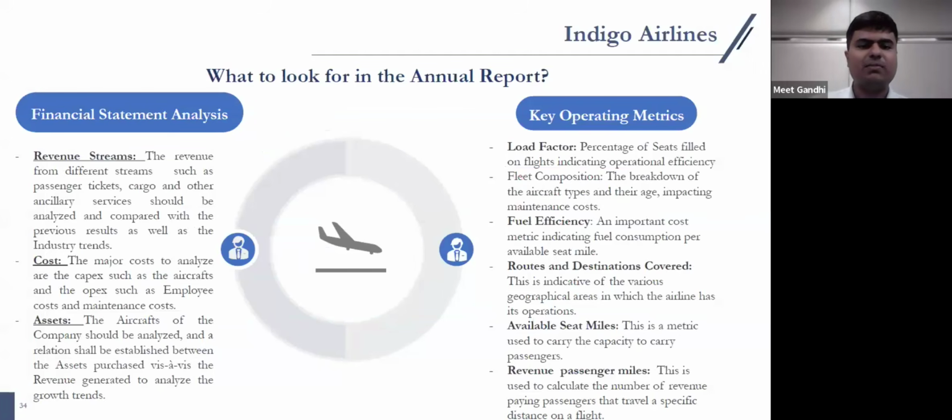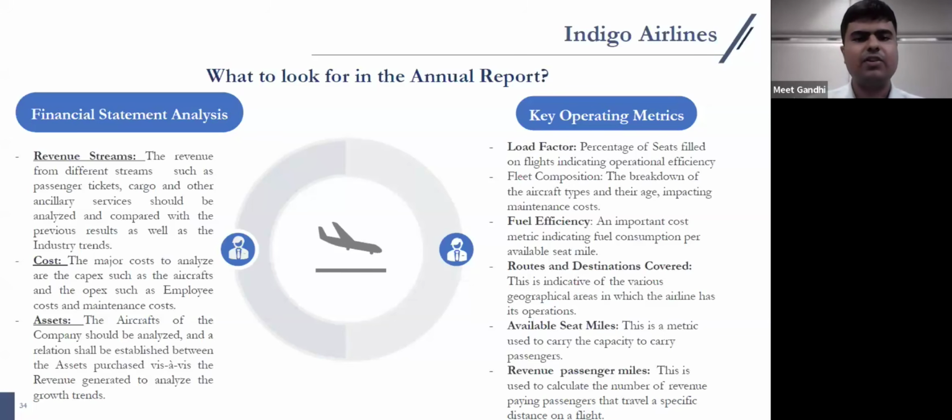A high amount of investment is also required in the staff, because an airline is a staff driven industry where the quality and the quantity of the staff matters most. Whereas the variable cost in the form of fuel is also one of the important cost parameters for an airline industry.